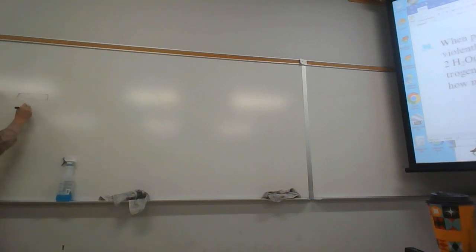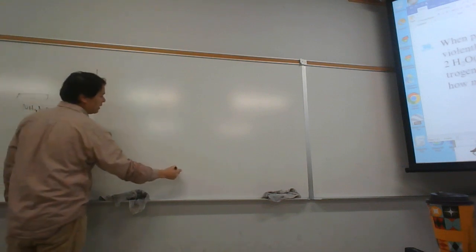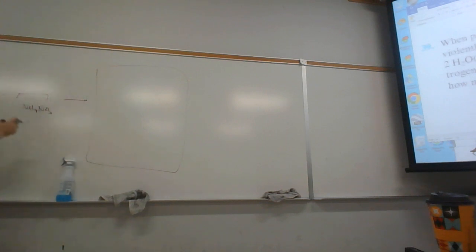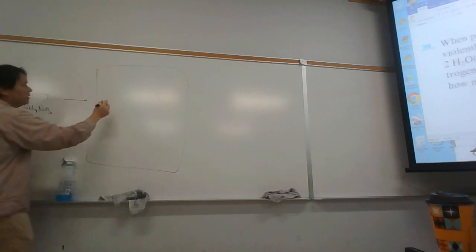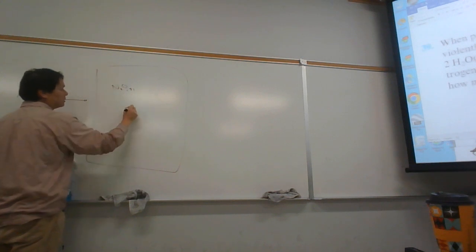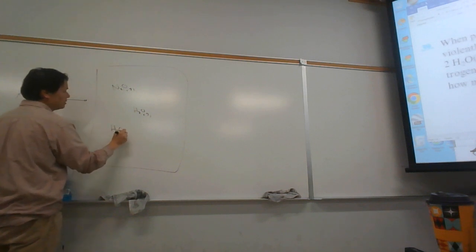All right, so if we take some amount of ammonium nitrate like this, let's say 1 mole of it, and decompose it, its volume is going to expand tremendously. And so that's going to give us nitrous oxide gas and H2O gas, and we have to balance this.